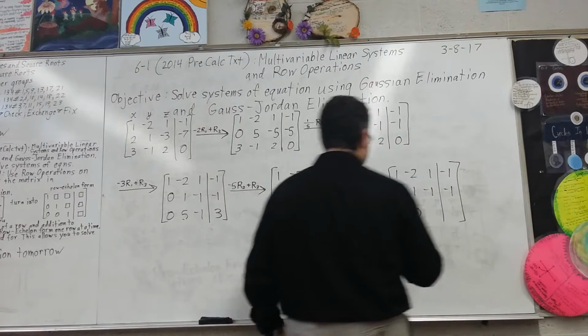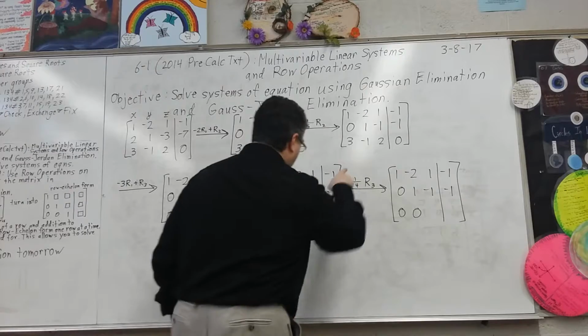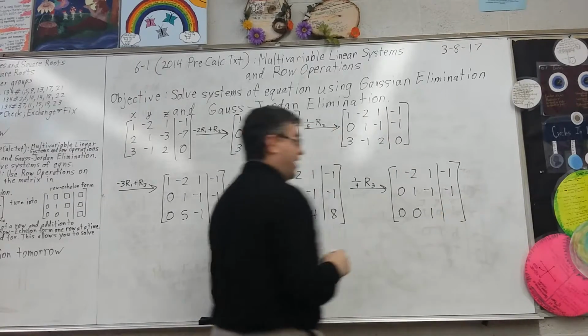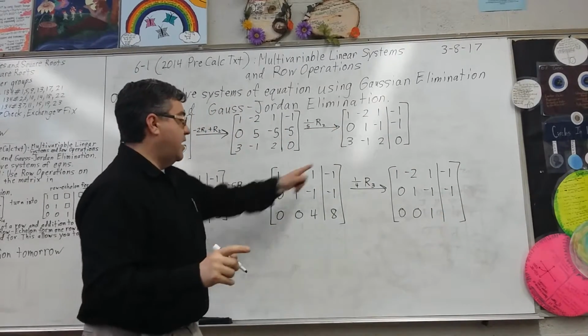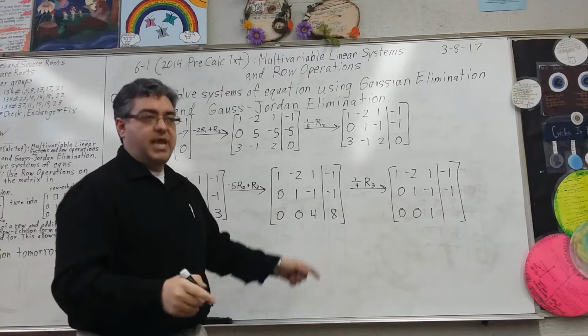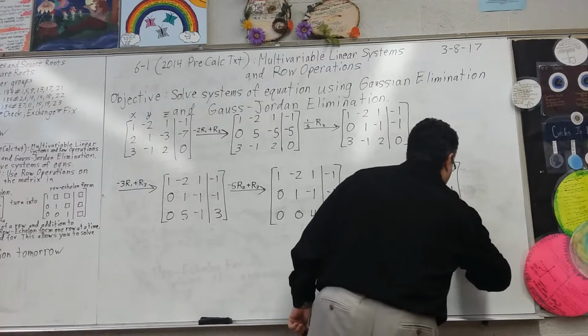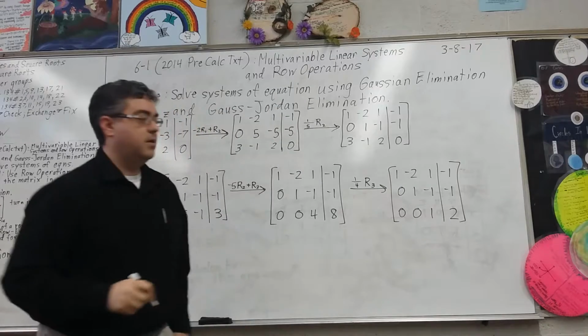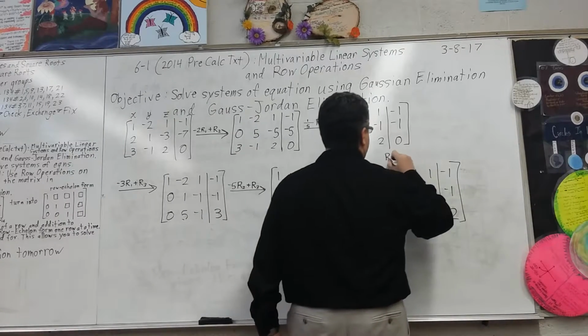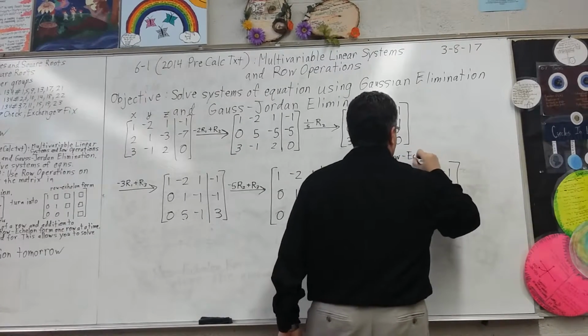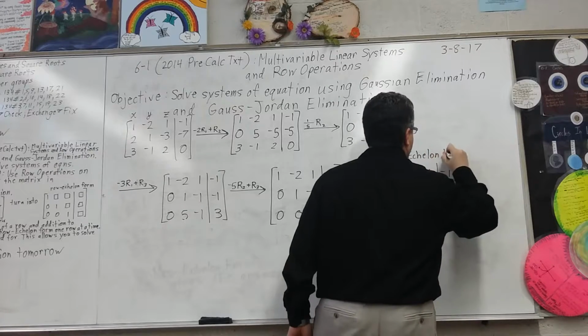And the last row will become 0, 0, 1/4 times 4 is 1. That was the goal. And then 1/4 times 8 is 8 over 4. 8 divided by 4 is 2. This is row echelon form.